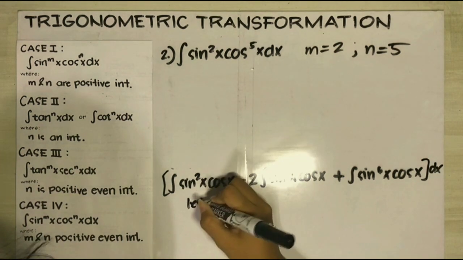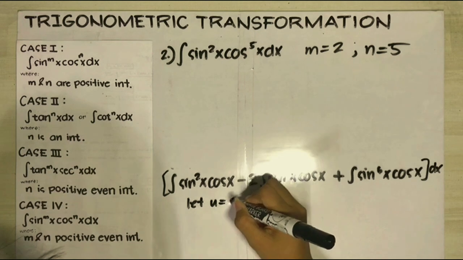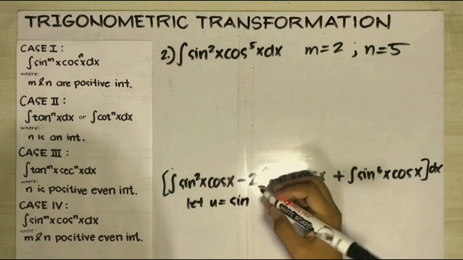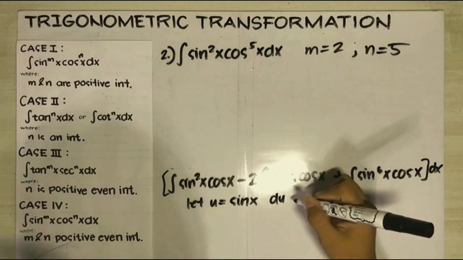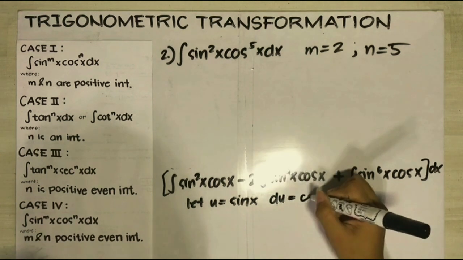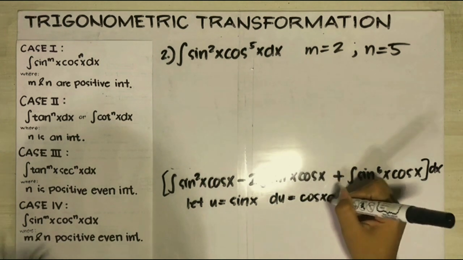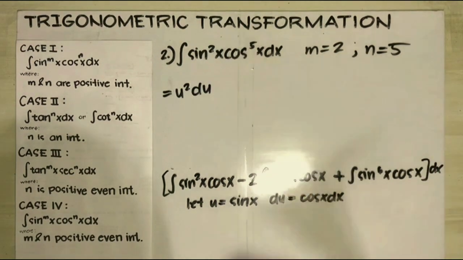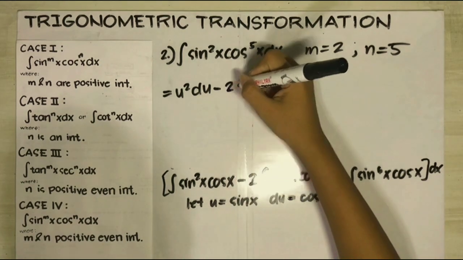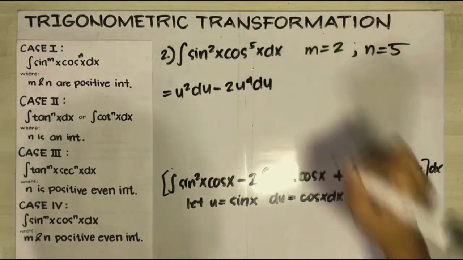Now, let's apply the u substitution. Let u is equal to sine x and du is equal to cosine x dx. U squared du minus 2u to the 4th du plus u to the 6th du.